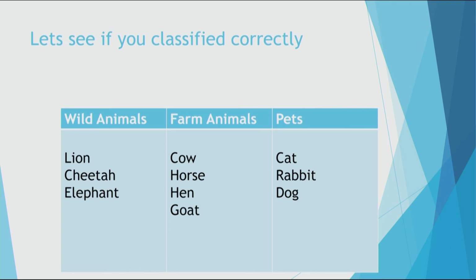The farm animals, we've got cow, horse, hen, and goat. Okay? We keep these animals for the products that they can give. Some people might even keep a horse as a pet, depending on why you are keeping the animal.